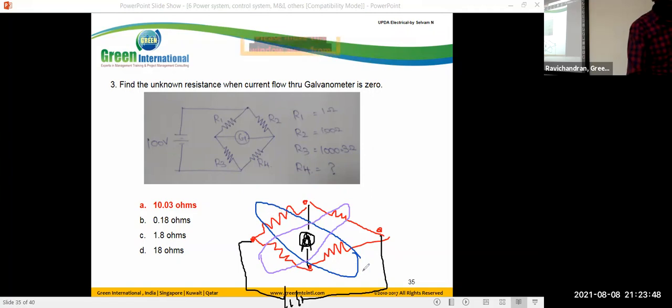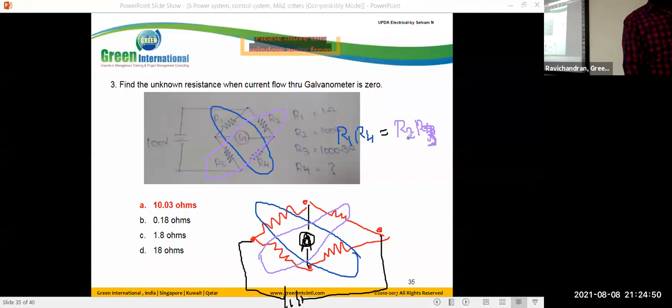So we have here 2 circuits. In the blue color we have 2 resistances, and in the pink color we have 2 resistances. If the ammeter reads 0, if you multiply these 2 resistances, assume that R1 into R2 is equal to R3 into R4.